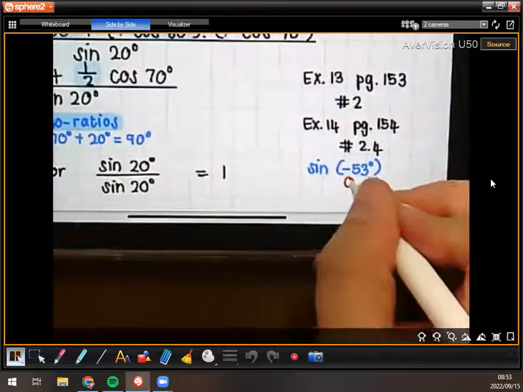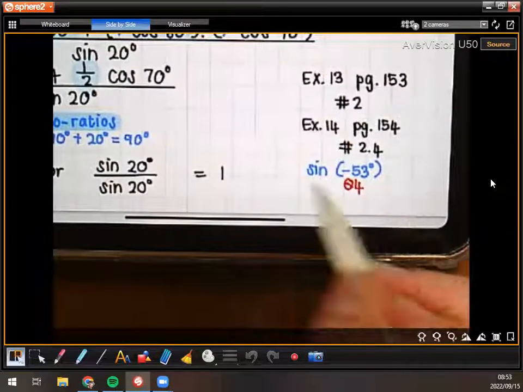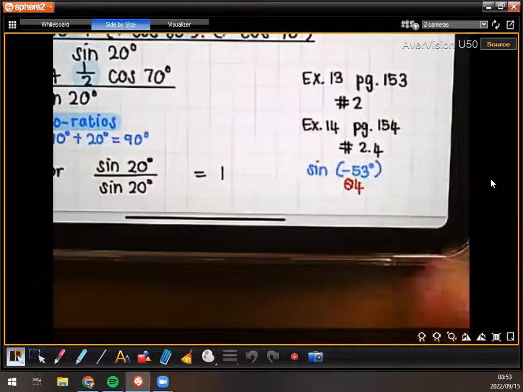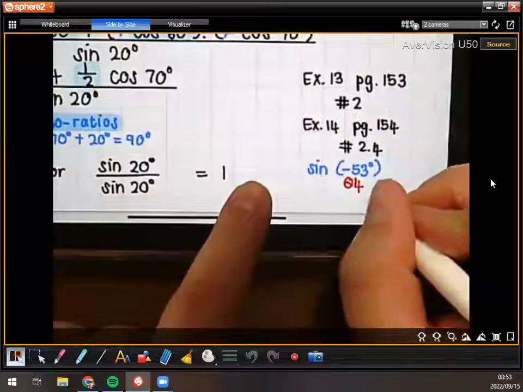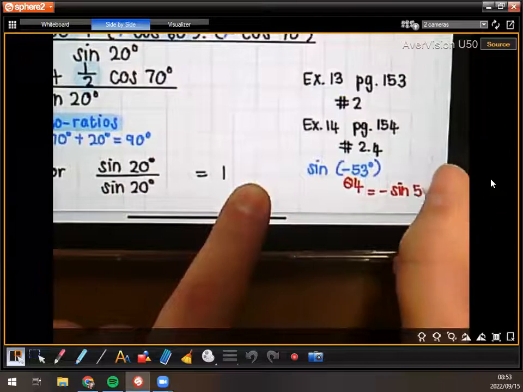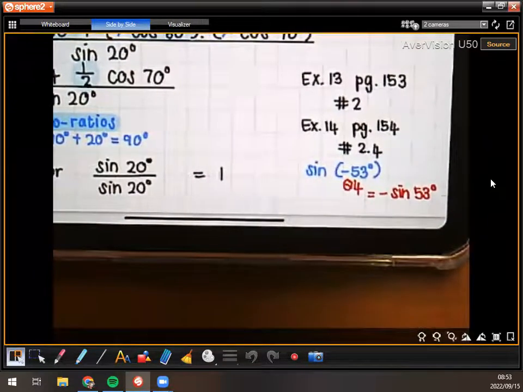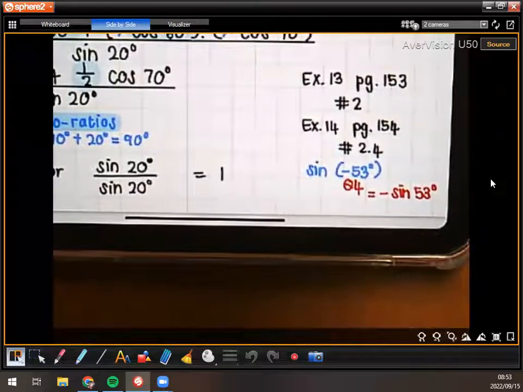It's like when we had negative x or negative theta, it was just in the 4th quadrant. So what is sine in the 4th quadrant? Negative. So this is just going to become negative sine 53. That's all you have to do for that. Whenever it's a negative acute angle, it's in the 4th quadrant.